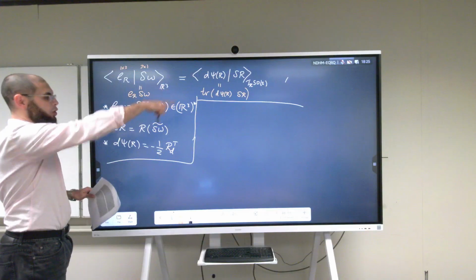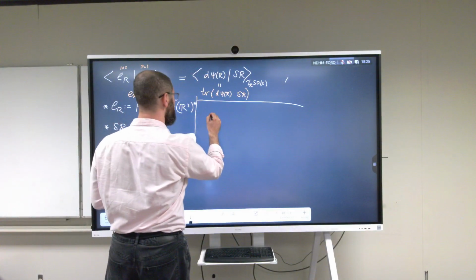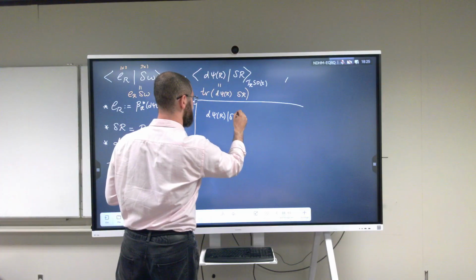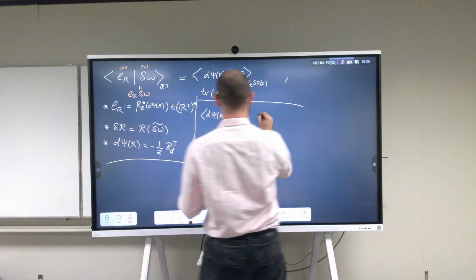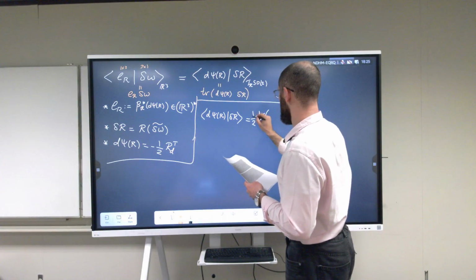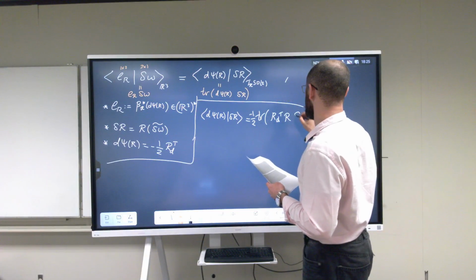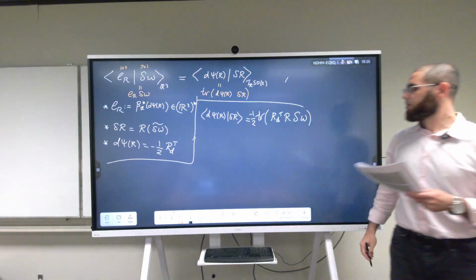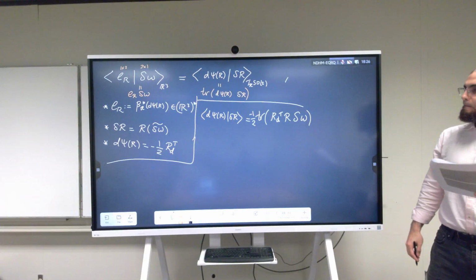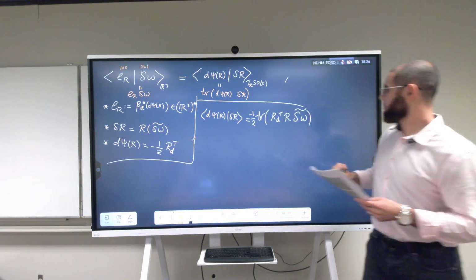Let's plug these two into this equation and rewrite it like that. So we have that this guy is equal to the trace of minus half R d transpose multiplied by R multiplied by this guy, tilde.